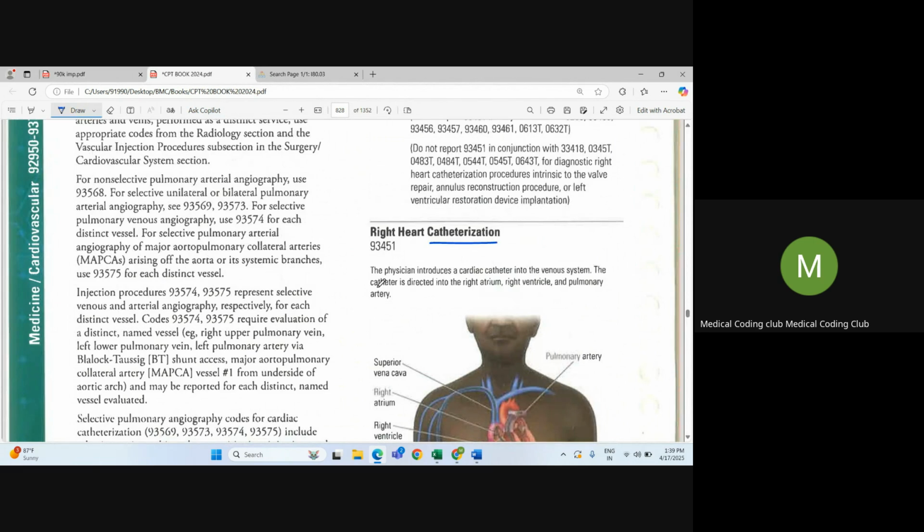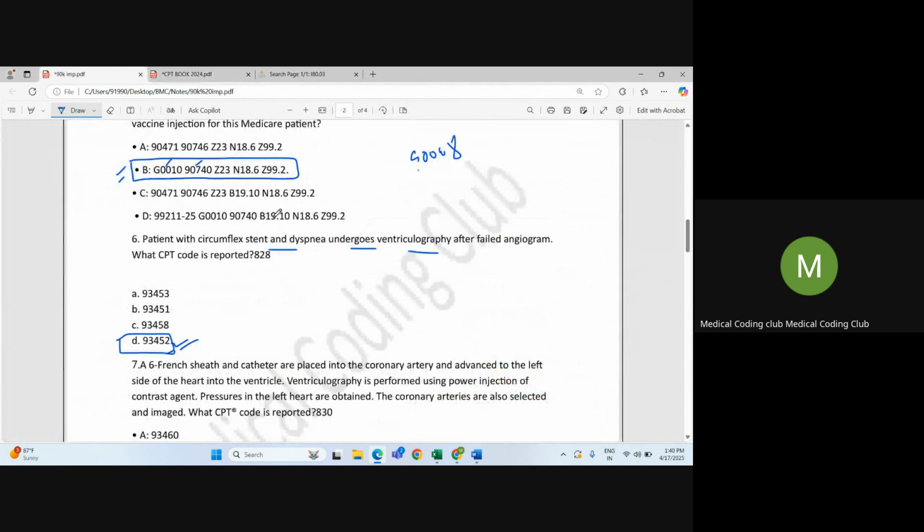Catheterization is a very big topic, so we need to take one session for this and cover the coding guidelines, and then if I take practice questions, you can easily understand. Now I'm just showing you the question. Please navigate and go through all the codes. In future, I will create a video on that particular topic itself.